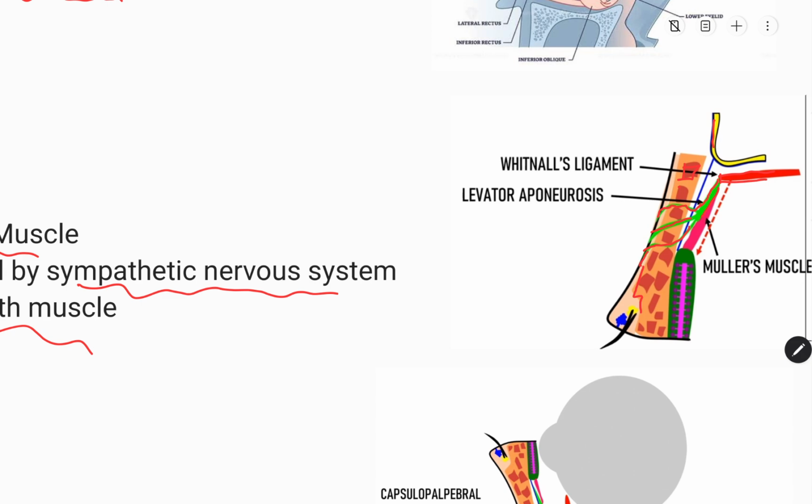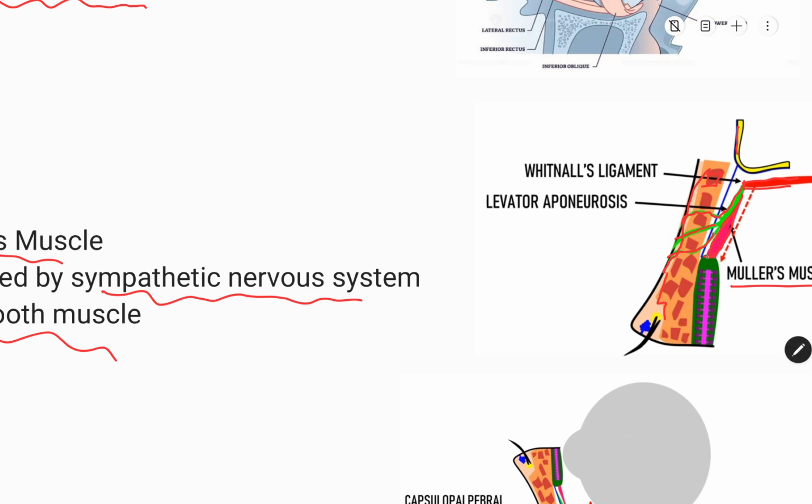This is orbicularis oculi muscle, and beneath the aponeurosis there is another muscle. This is known as Muller's muscle, and in the upper eyelid it is connected with the tarsal plate. As you can see, this is the tarsal plate and it is connected with the tarsal plate.